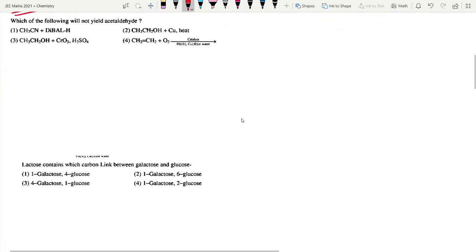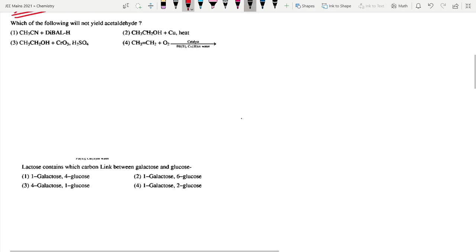Okay, now how about this one? Which of the following will not yield acetaldehyde? Interesting. This is also very much okay. So you have CH3CN and DIBAL-H. DIBAL-H is a reducing agent.